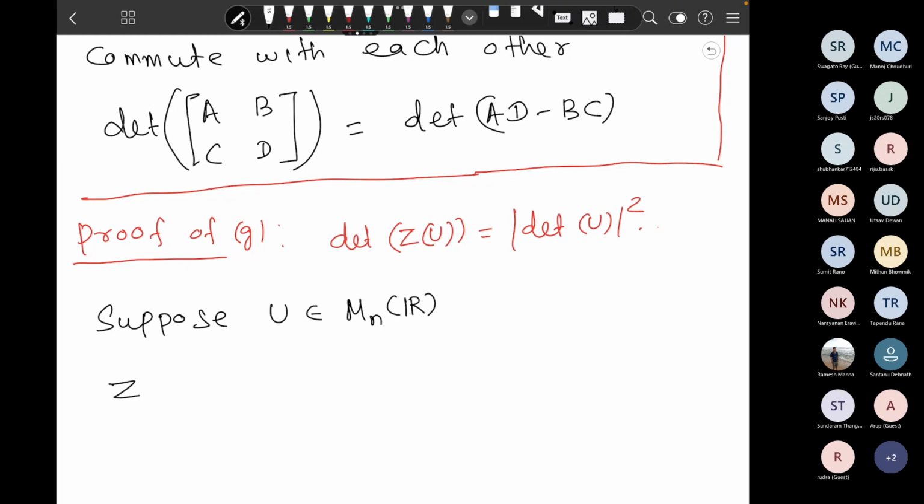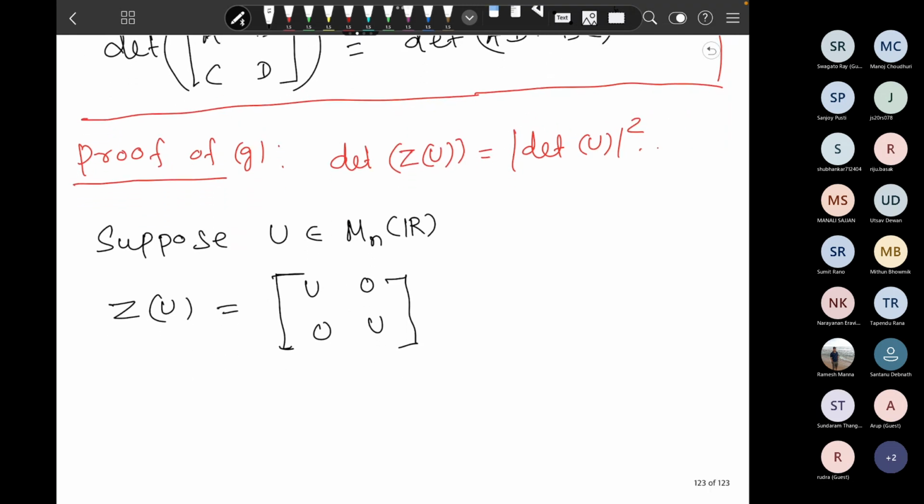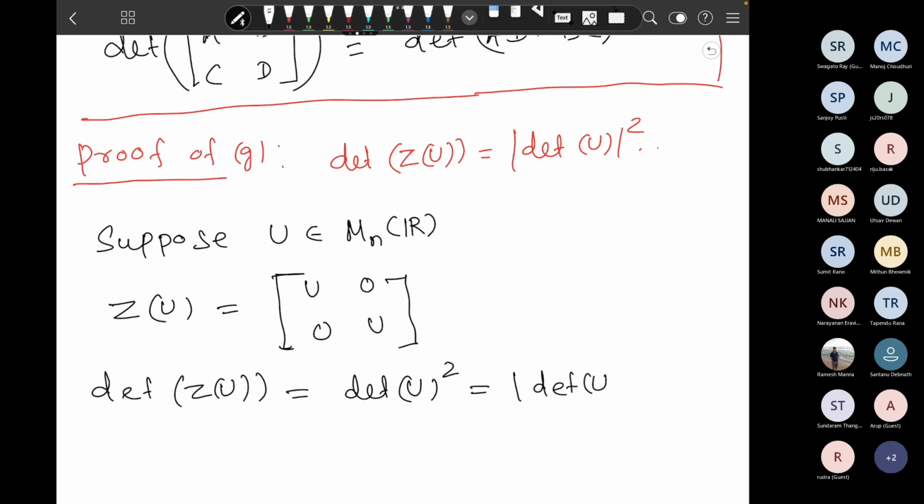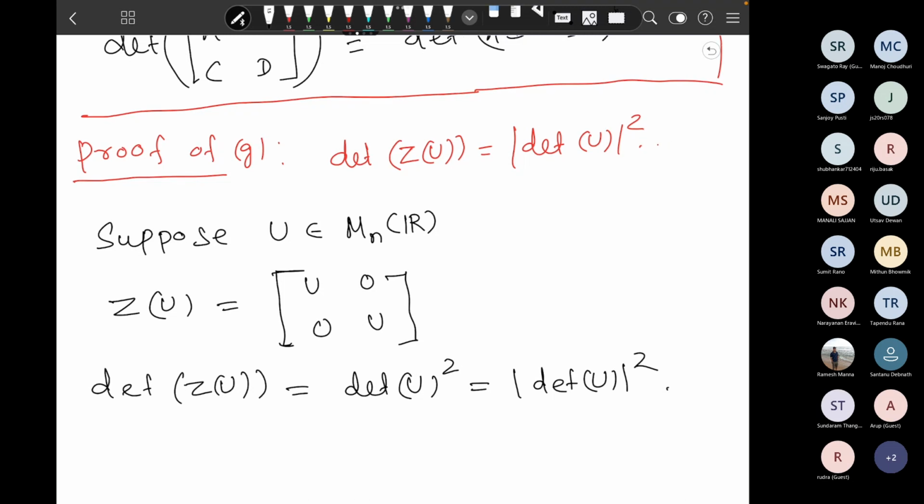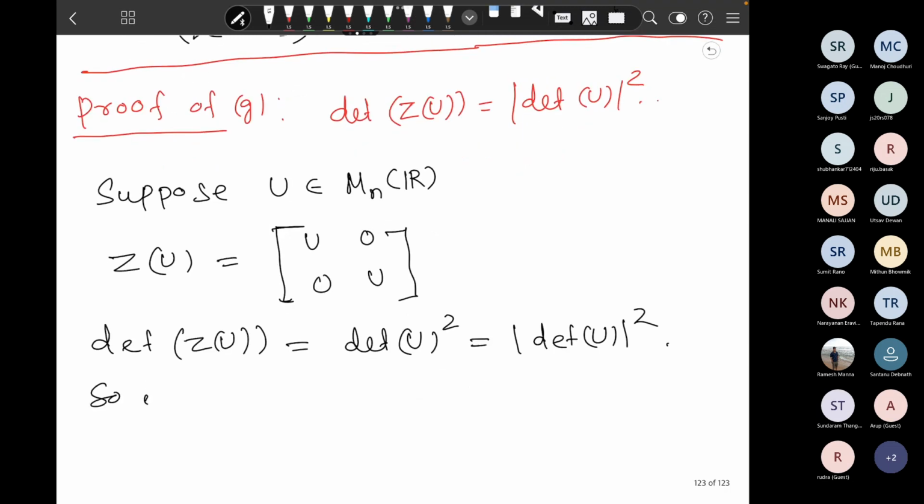Then ZU is equal to U 0 0 U, because the imaginary part of U is 0. So the determinant of ZU is the determinant of U square, and since U is a real matrix, this is the same as the mod of the determinant of U square. So in this case, we are done.